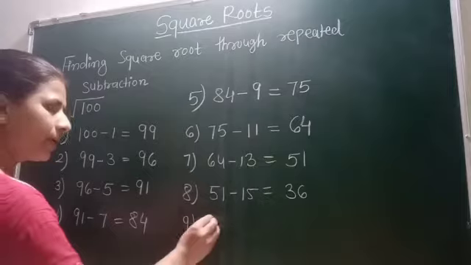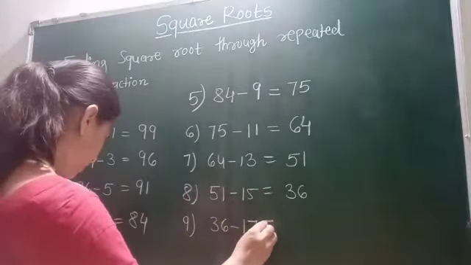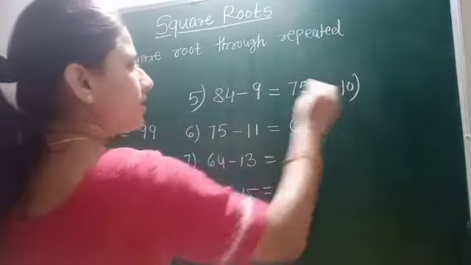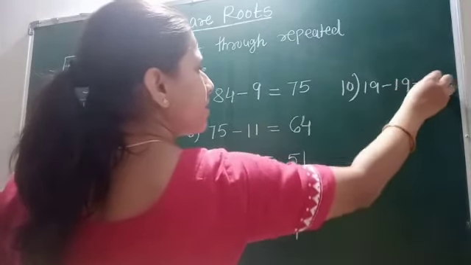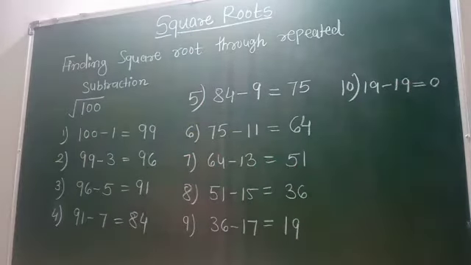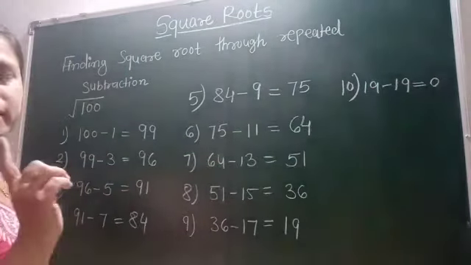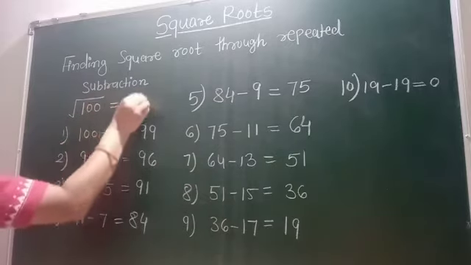Ninth step, 36 minus 17, we will get 19. And last step, 19 minus 19, yes, our subtraction will be 0. So in which step are we getting 0? In the 10th step we are getting 0. So square root of 100 will be 10.